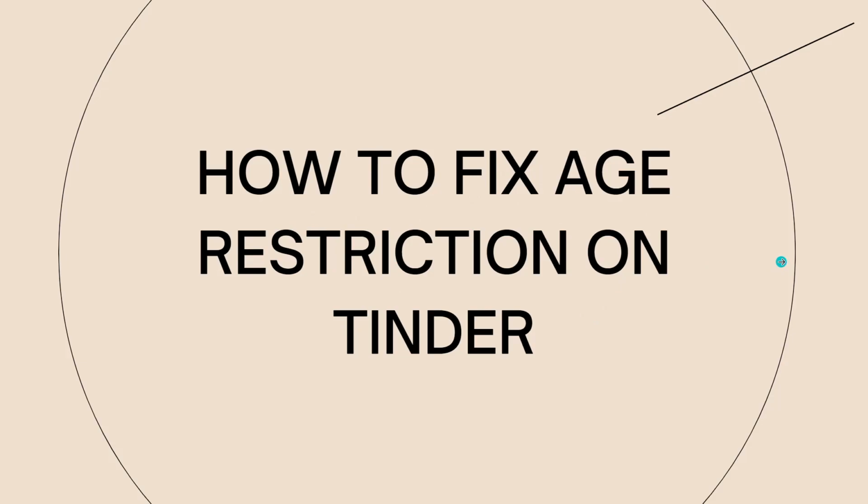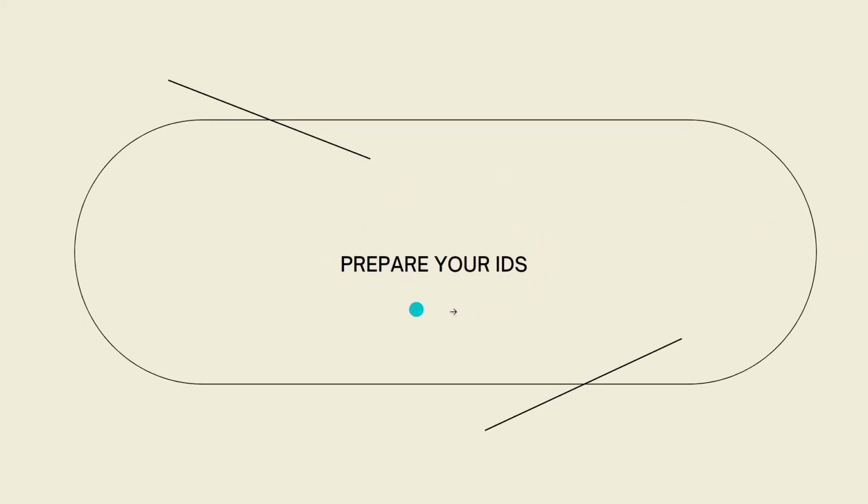Now there are two different ways to fix this problem. The first one, you need to prepare your IDs. I think you are wondering why you need your IDs. First of all, in order for Tinder support to verify your age, they need to see your ID.